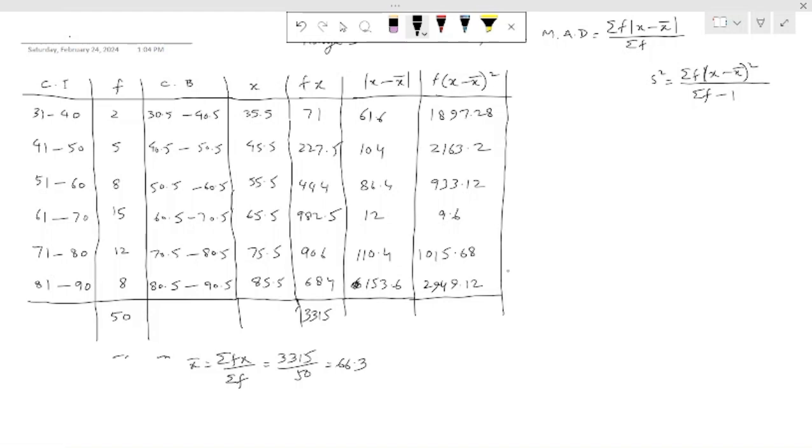So adding these values, the sum of this is 528.